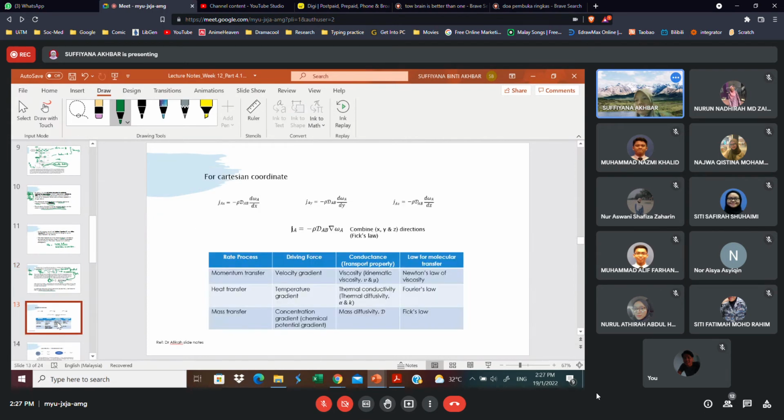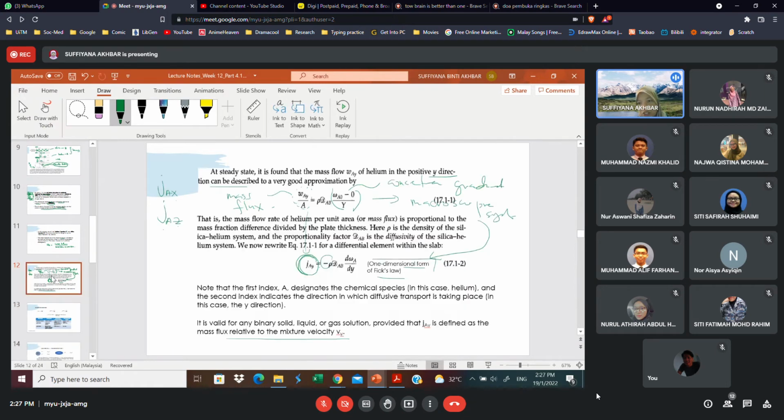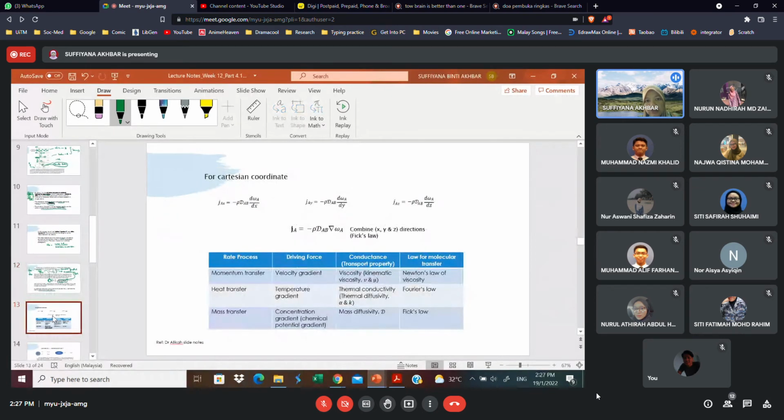Okay, so earlier I said this is the one-dimensional form of Fick's law. So we can write it for Cartesian coordinates: this is in the X direction, this one in the Y direction, and this is in the Z direction.